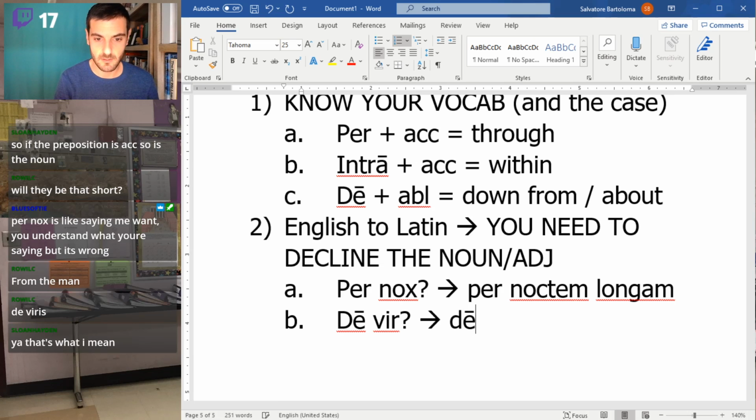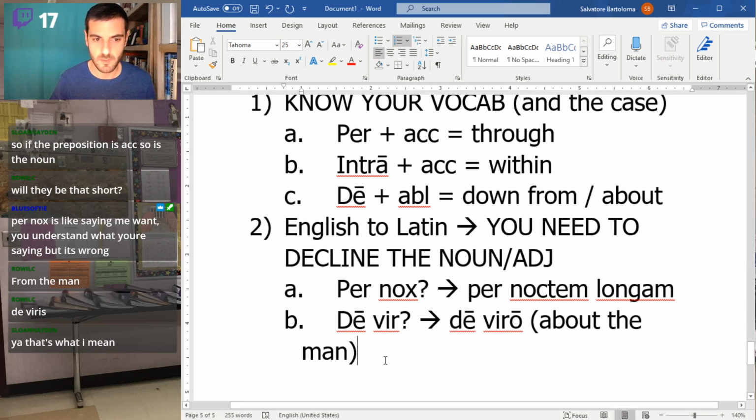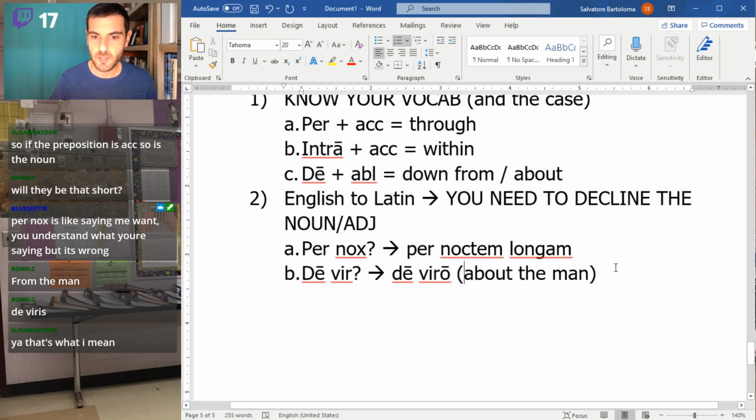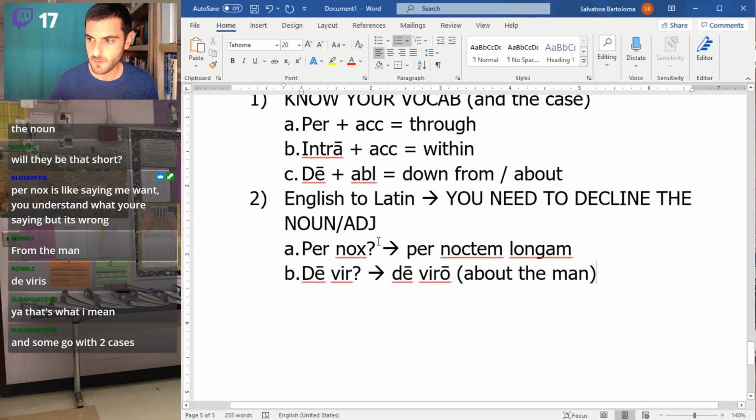It's going to be de viro, about the man. That's why we call them prep phrases, because they're groups of words that work together. Some prepositions can go with accusative or ablative, depending on the situation.